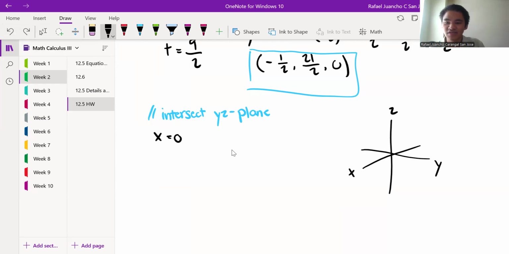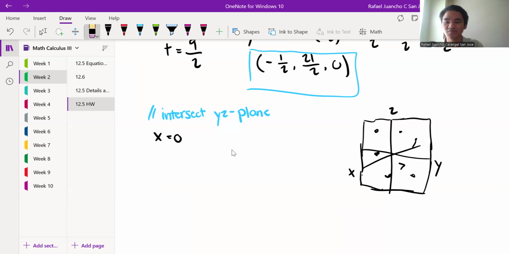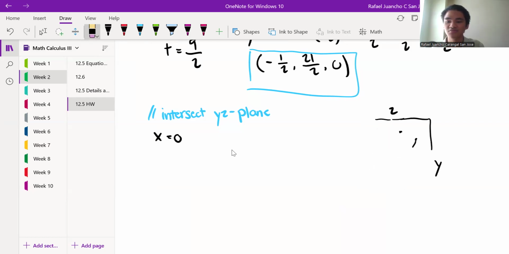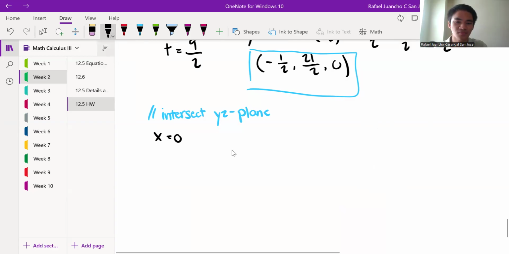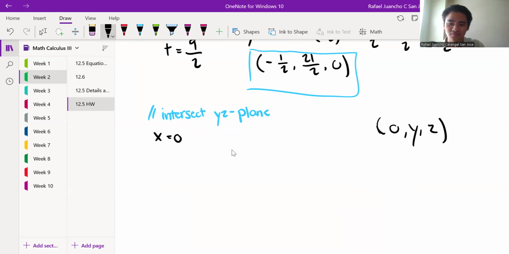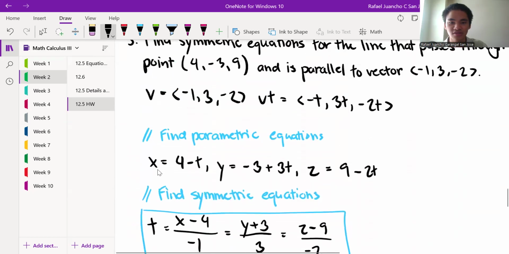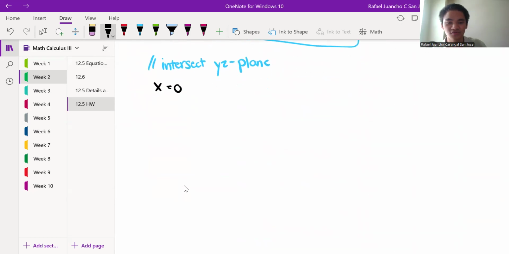So if we're on the YZ plane, our points are literally on here, then our x is always going to be 0, and our y and z are going to be some numbers that we know. We do the same thing. If x is 0, plug it into the parametric equation and get t out of it. So 0 is 4 minus t.